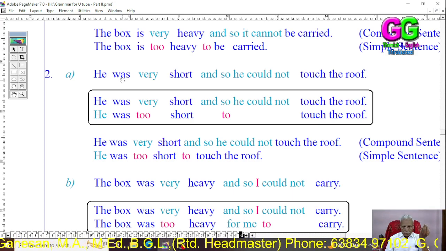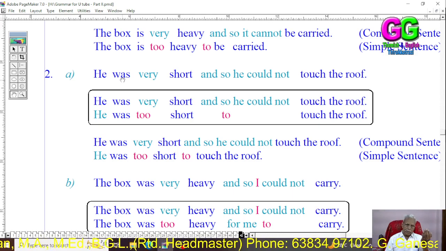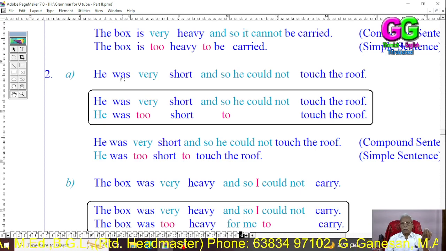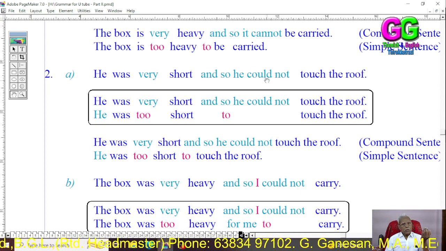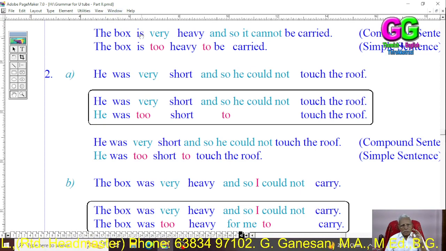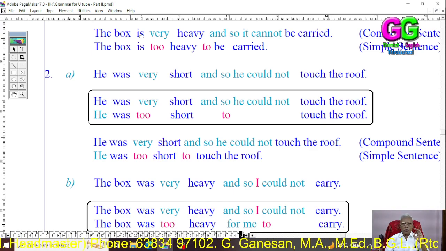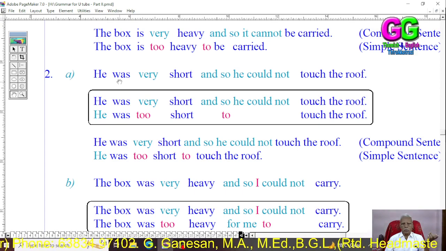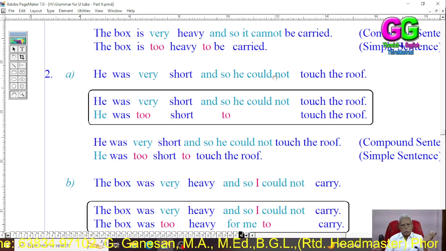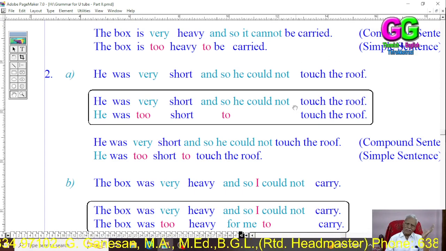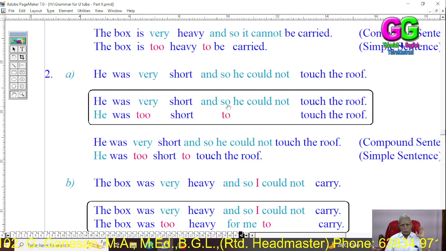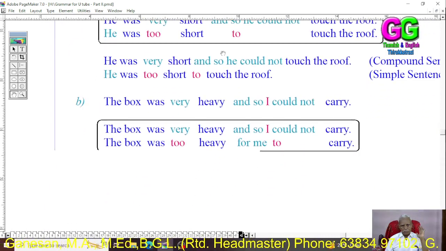So when the verb in the first main clause is in past tense, we have to use "could not". When the verb is present, we have to use "cannot". When the verb is in past tense, we have to use "could not". That's all. The other things are the same: very becomes too, and so on.